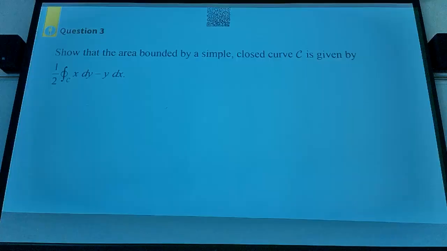This problem might be important. We're going to show that the area bounded by a simple closed curve is given by that.